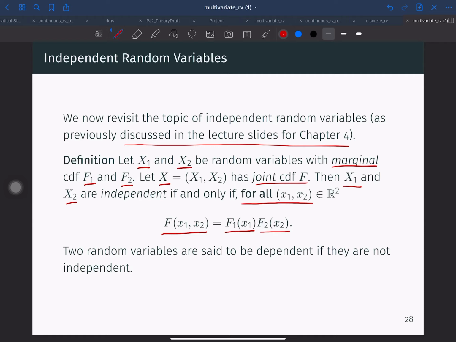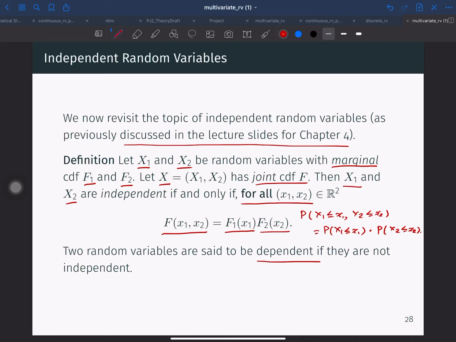So, in summary, the probability that X1 less than or equal to x1, X2 less than or equal to x2 is the same as the probability that X1 less than or equal to x1 times the probability that X2 less than or equal to x2. And we say that two random variables are dependent if they are not independent.